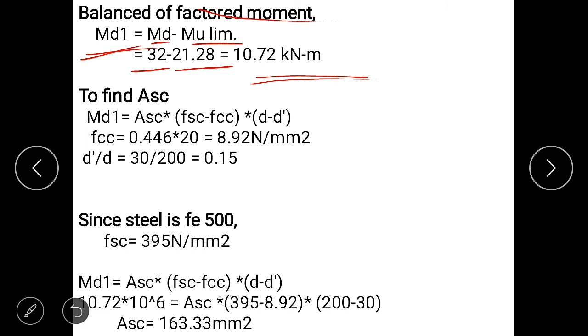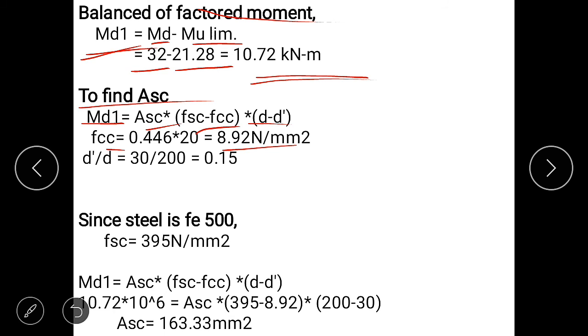Okay, so to find Asc, Md1 is equal to Asc into (fsc minus fcc) into (d minus d dash). So fcc is 0.446 into 20, fcc is 8.92 Newton per mm square.